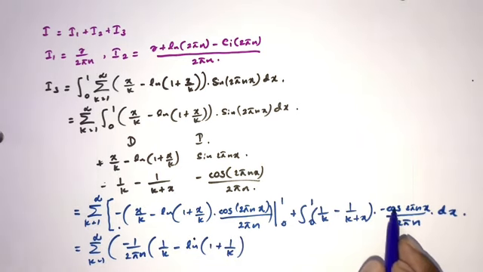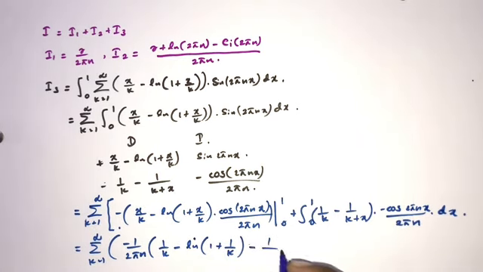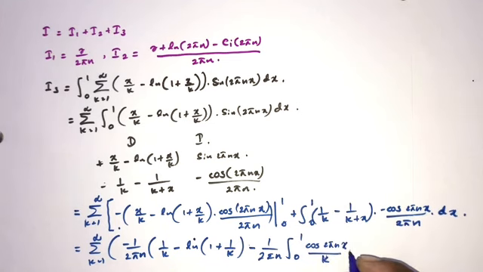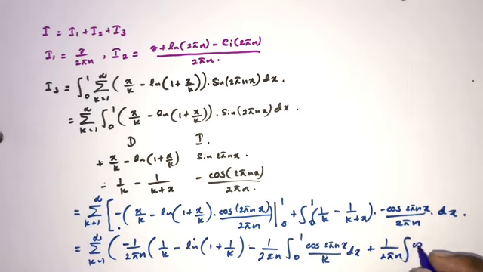Here we have minus 1 over 2 pi n times the integral from 0 to 1 of cosine of 2 pi nx over k dx, then plus 1 over 2 pi n times the integral from 0 to 1 of cosine of 2 pi nx over k plus x dx.